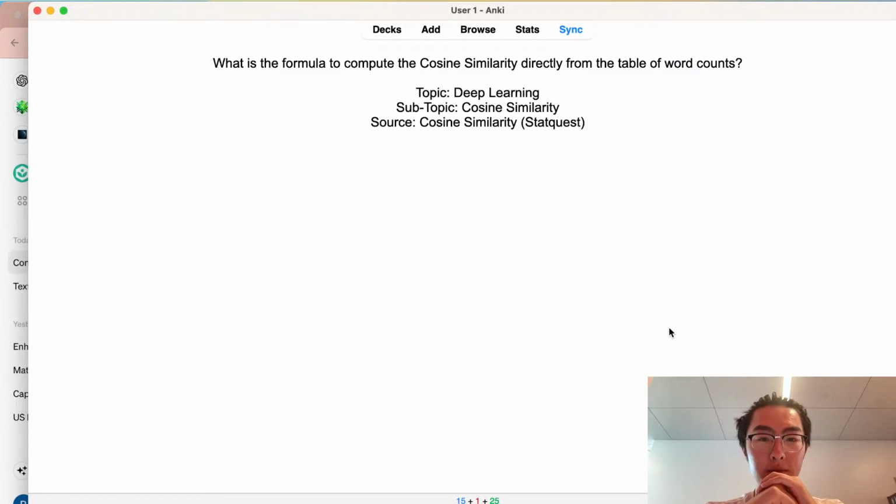Where's the formula to compute the cosine similarity directly from the table of counts?